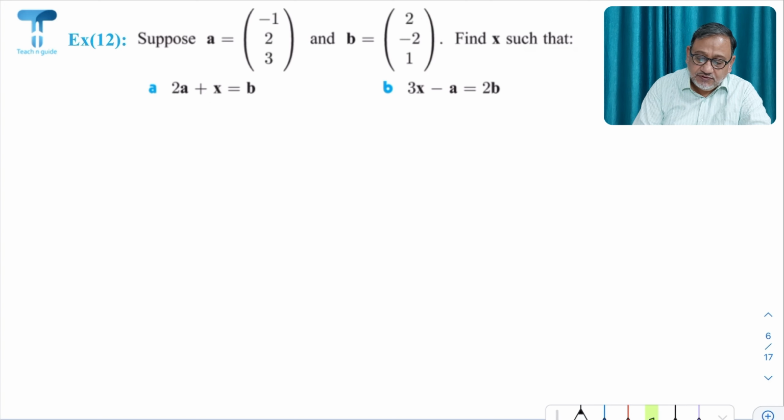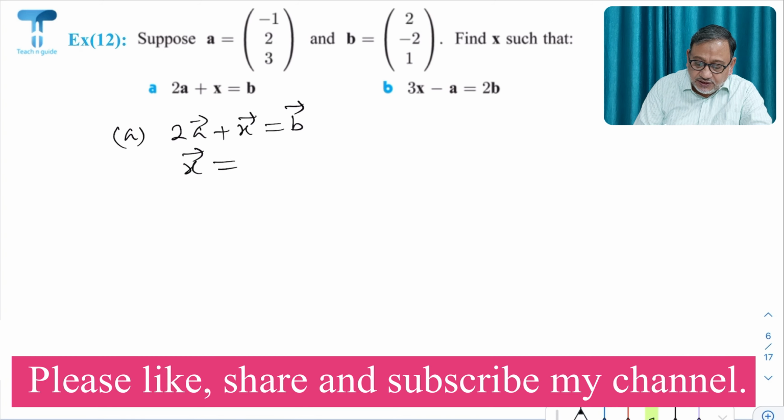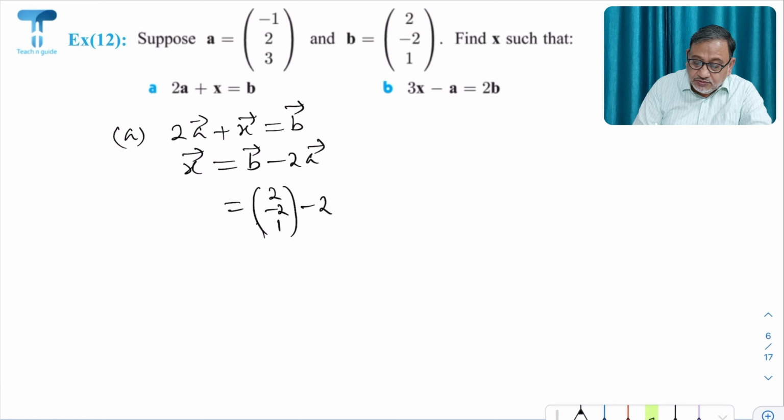Okay, the first one we will solve. So 2 vector A plus vector X is equal to vector B. As we have seen, I can write vector X is equal to B minus 2 times vector A. So I'll write the vector B in component form, (2, -2, 1), minus 2 times A, where A is (-1, 2, 3).